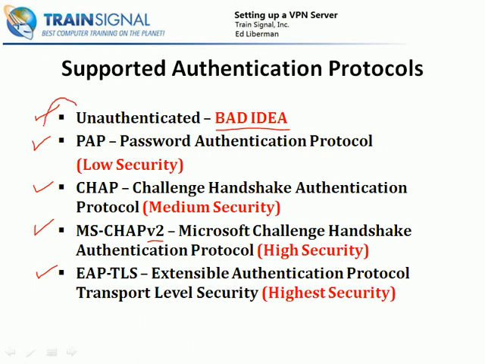Each one of these items is a checkbox, and if you have more than one checked, so let's say you had PAP, CHAP, and MS-CHAP v2, all three of those checked, what is going to happen is it's going to attempt the most secure environment it can first, and then only if that fails, maybe a client can't support MS-CHAP v2, it'll then go down to the next highest form of authentication, which would then be CHAP. So those are your authentication protocols.